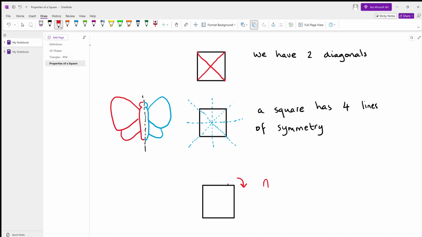So a square has rotational symmetry order 4. Okay, so if you can copy all those, that'll be brilliant.